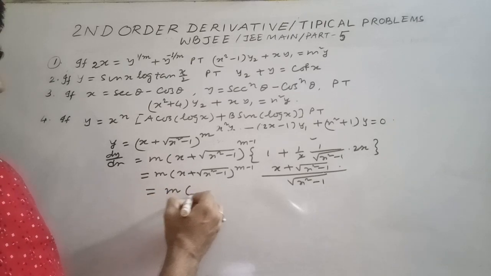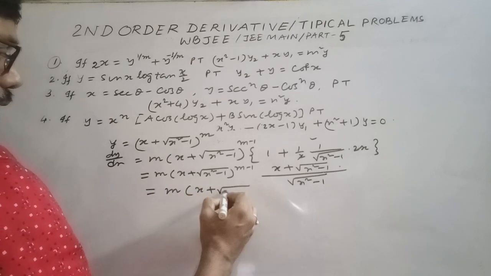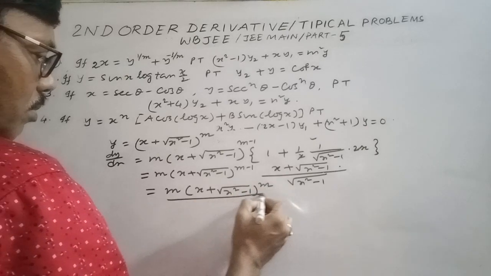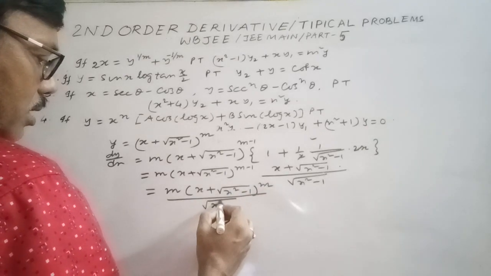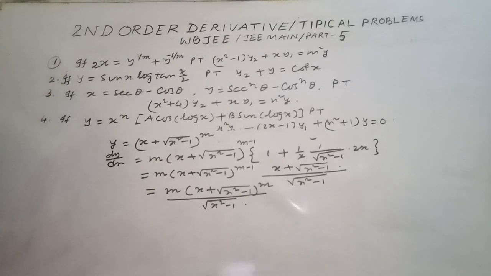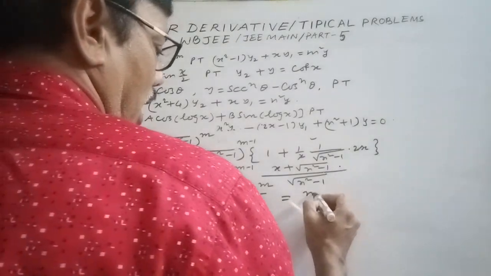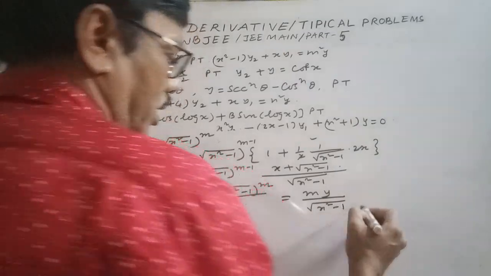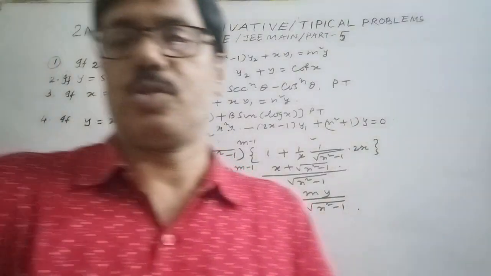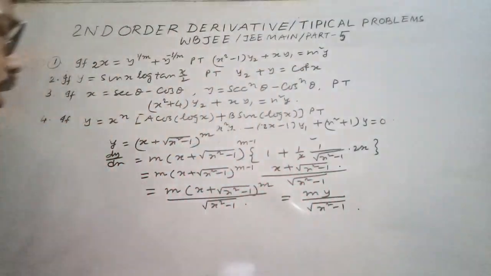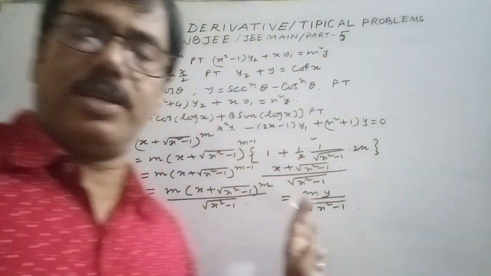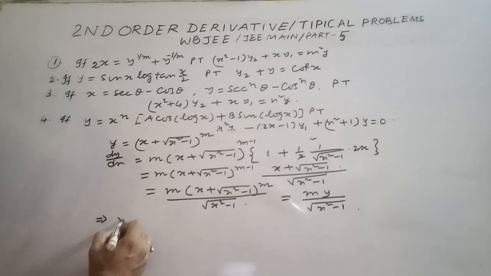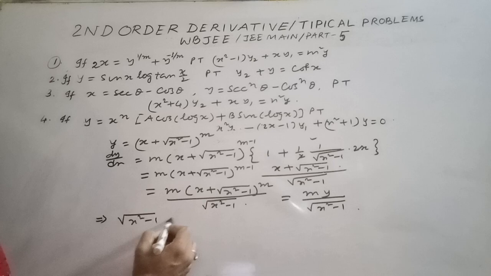So finally, dy by dx equals m (x plus root under x square minus 1) whole to the power m by root over x square minus 1, that is m y by root over x square minus 1. Next step is to avoid the root: multiply by root over x square minus 1.